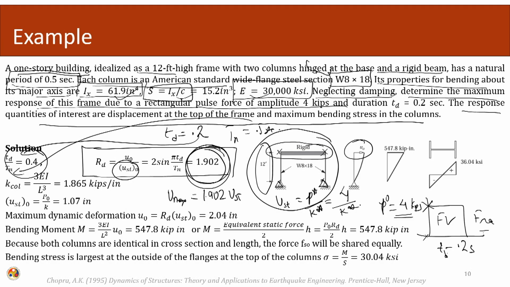Here we were asked to evaluate this system. What is the response of this system? The mode shape we are assuming is the first mode, the cantilever mode, and we are taking the degree of freedom at the top. If we go by our logic of defining the stiffness of the system, the stiffness is the amount of force required to get 1 unit of deflection at the chosen degree of freedom.